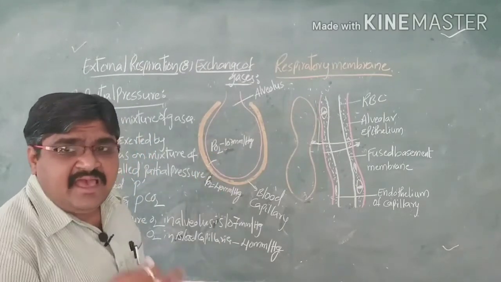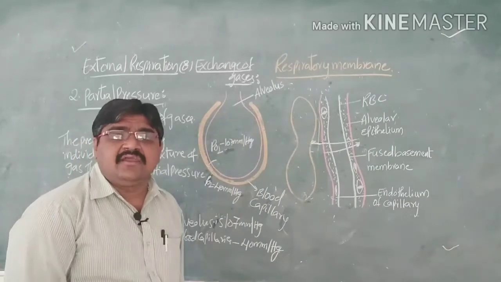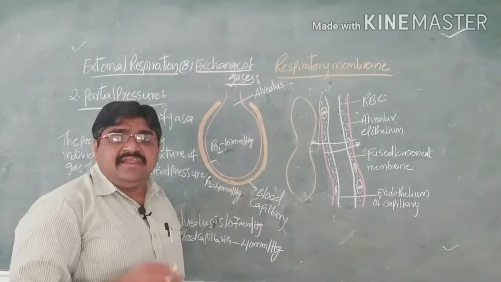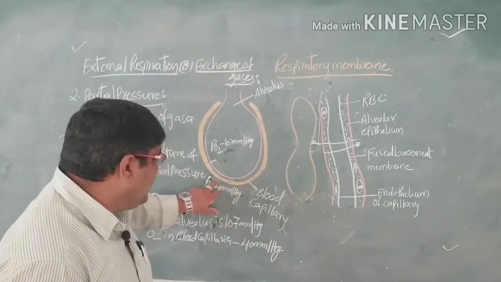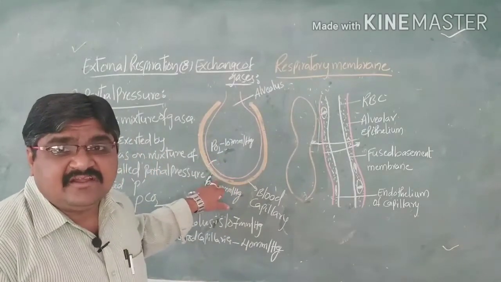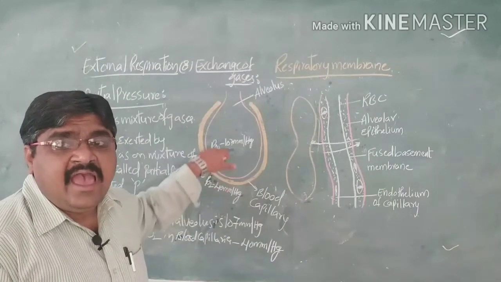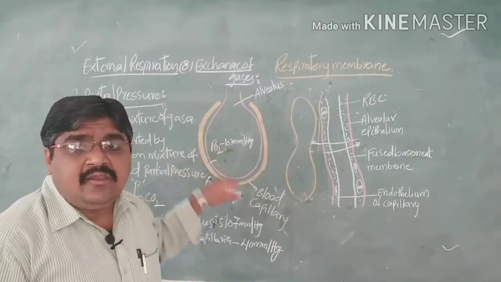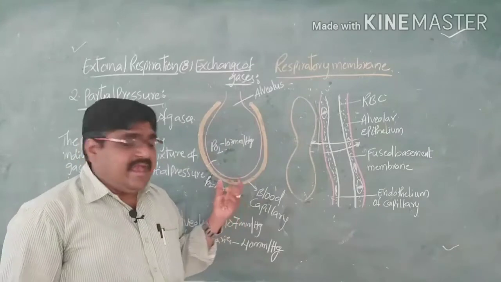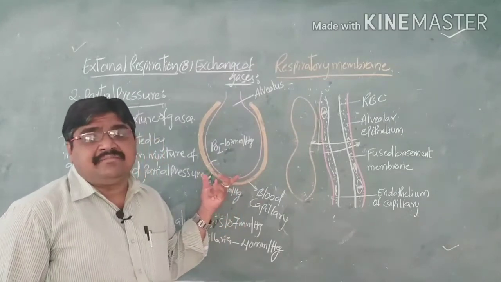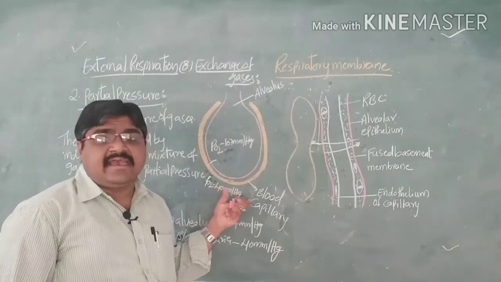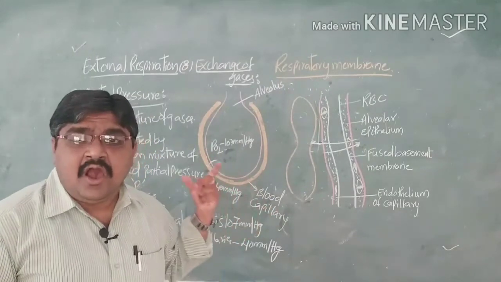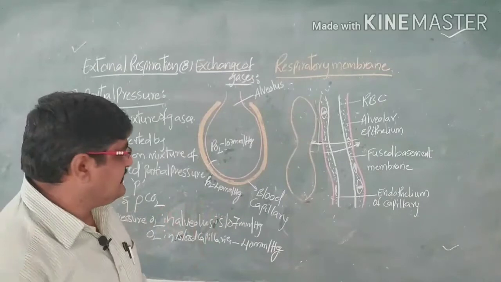Diffusion means movement from a higher concentration to a lower concentration. So oxygen diffuses from the alveolus into the blood capillaries, or alveolar capillaries, through the partial pressures.